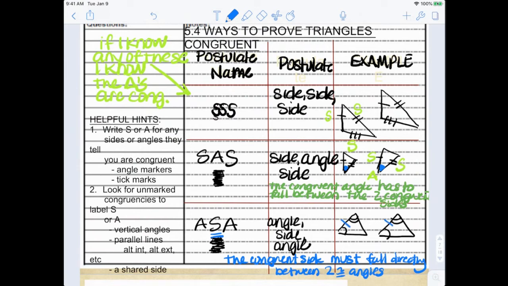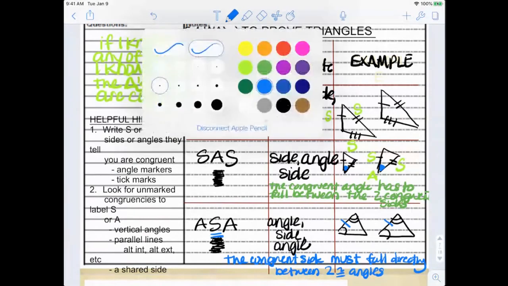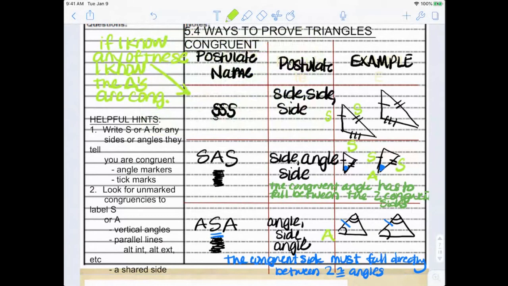Would be this guy right here. Because then you have an angle, you have another angle, and look, directly between them is a side. If the side would have been somewhere else, we could not use it. Order matters for these. So this is really the meat and potatoes and the chunk of our notes that you want to write down.